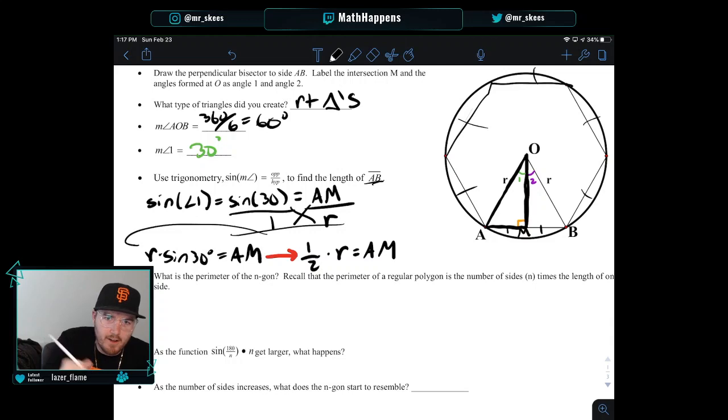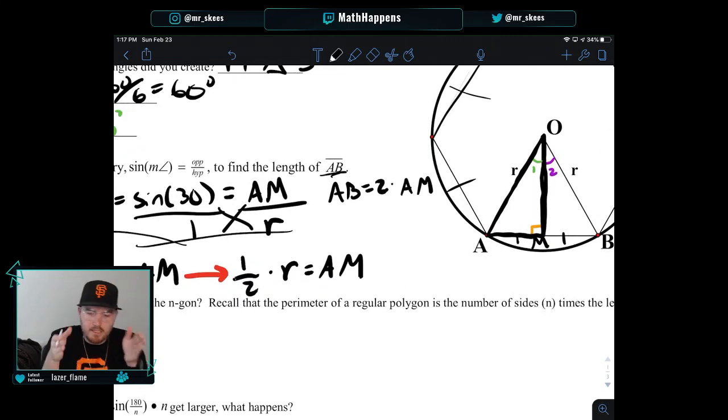But we're trying to figure out AB. So how long is AB? AB is 2 times that. AB is 2 times AM. We just take AM and we double it, and that gives us AB.